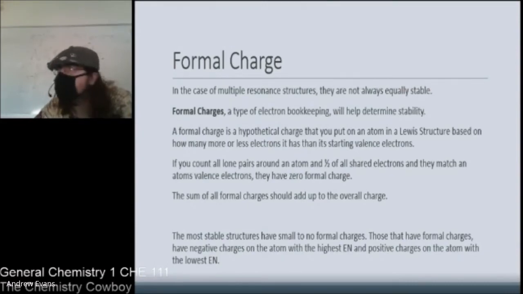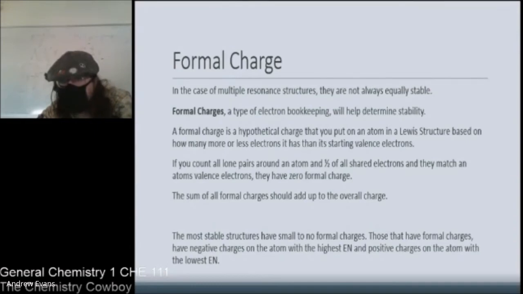Now, when we add up all formal charges, they should add up to the overall charge. If we have more charges than we have overall charge, something went wrong, so double check your structure. Typically, the most stable structure will have the smallest formal charge or no formal charge at all.